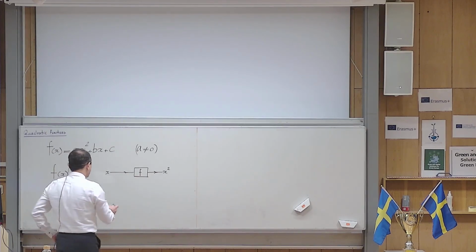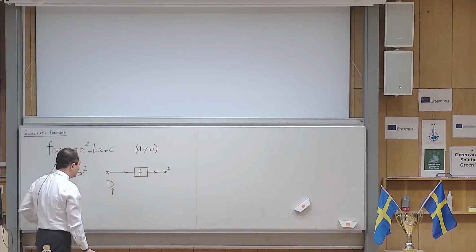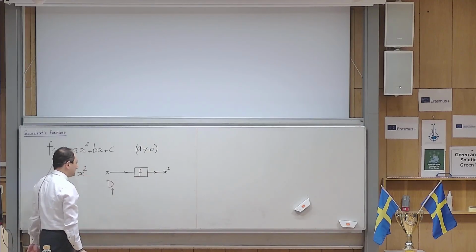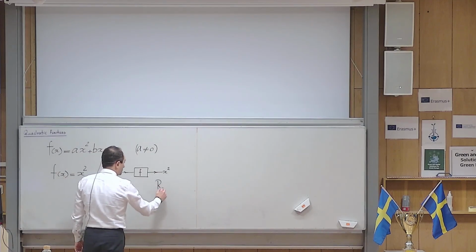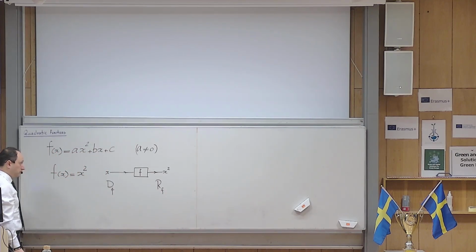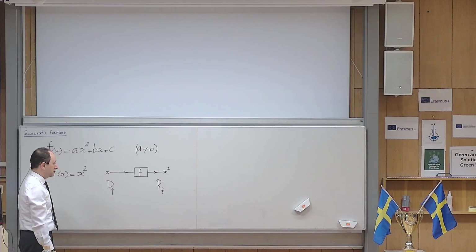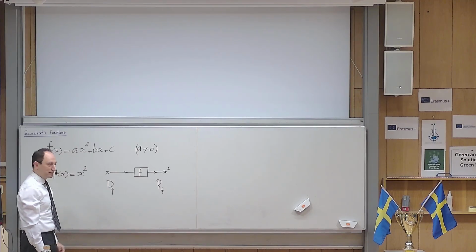Okay, so the domain of the function f is denoted by this symbol. It is the collection of all numbers that I can send in. And the range of the function f is the collection of all outputs I receive if I send all the inputs in. These are imaginary things. Maybe you say this is not practical to understand, but we will come to it.